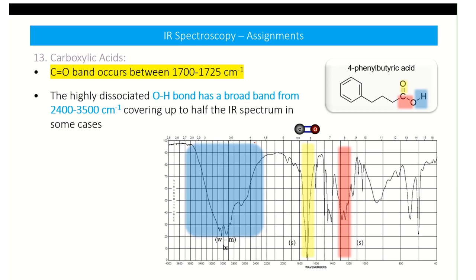For reasons we'll probe in later chapters, the carboxylic acid has extensive hydrogen bonding, and because of that, the OH is much broader. It's centered around 3000, but it's much broader than the alcoholic OH.